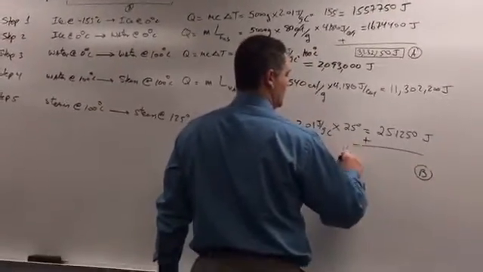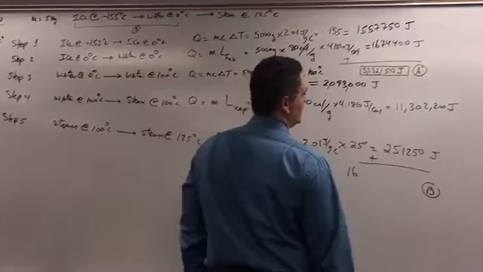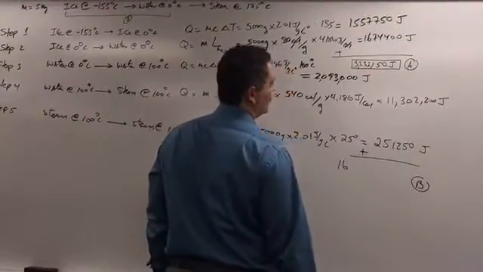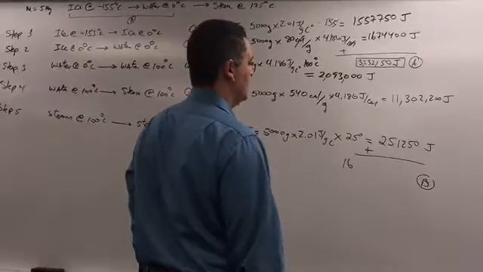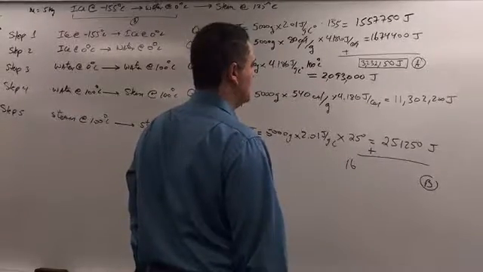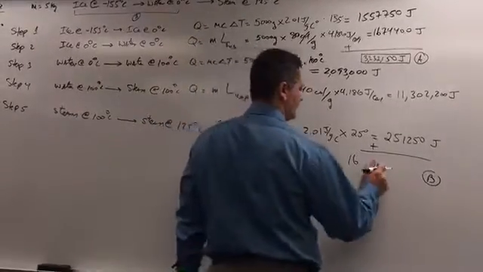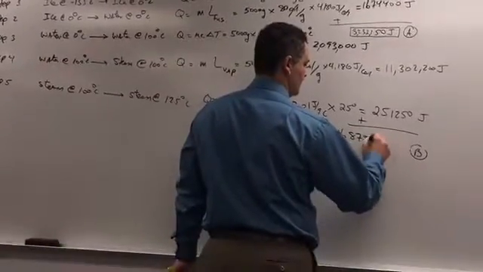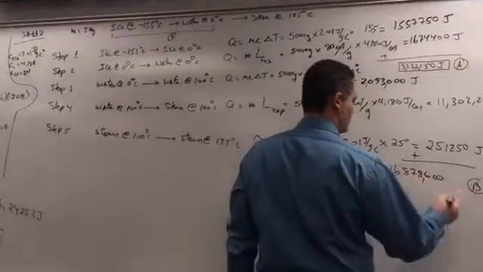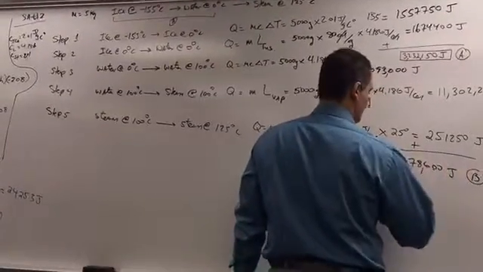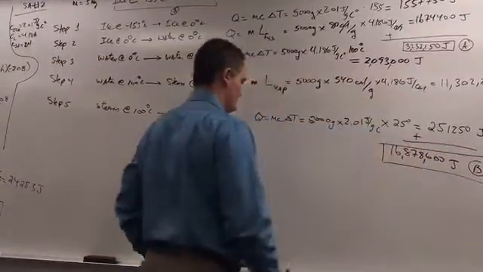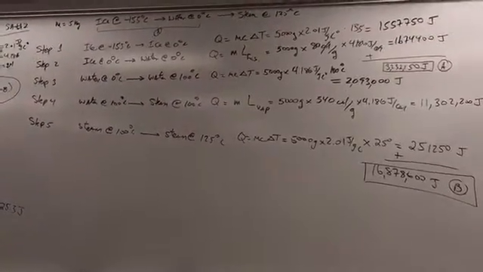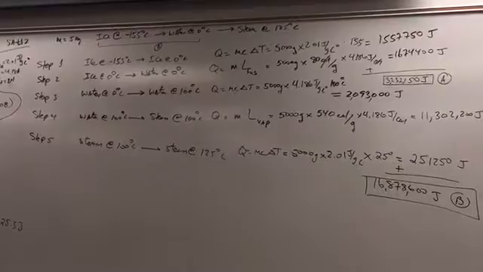So it's 16 million, what is it, 2, 3... 16,878,600. There you go. Easy peasy lemon squeezy.